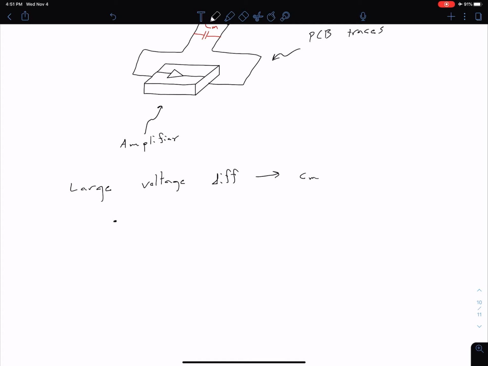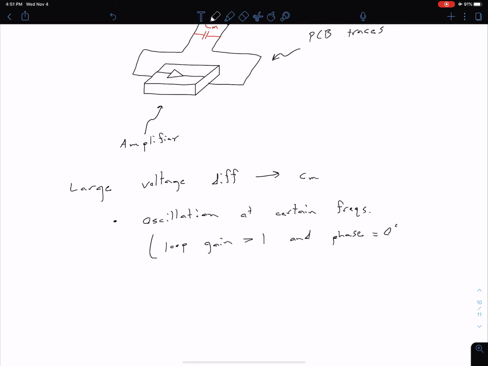We can have oscillation at certain frequencies, so instability of our circuit. And as we've seen in a previous unit, that's going to happen if our loop gain T is greater than 1, and our phase around our whole feedback loop is equal to 0 degrees or some multiple of 360.